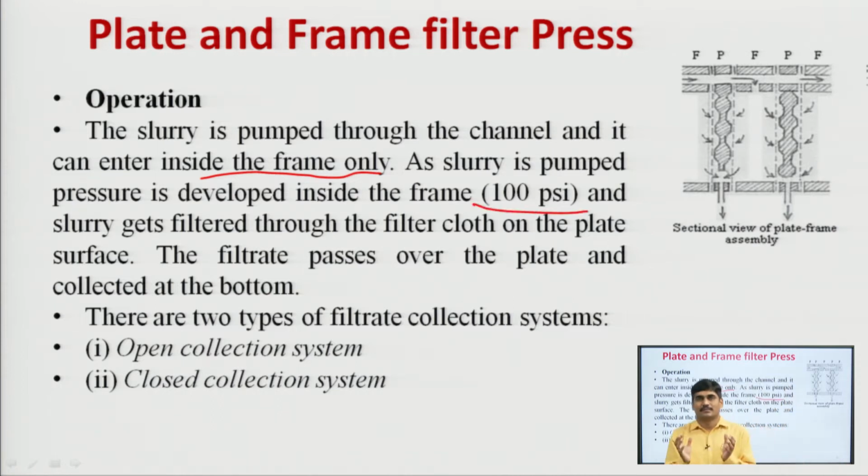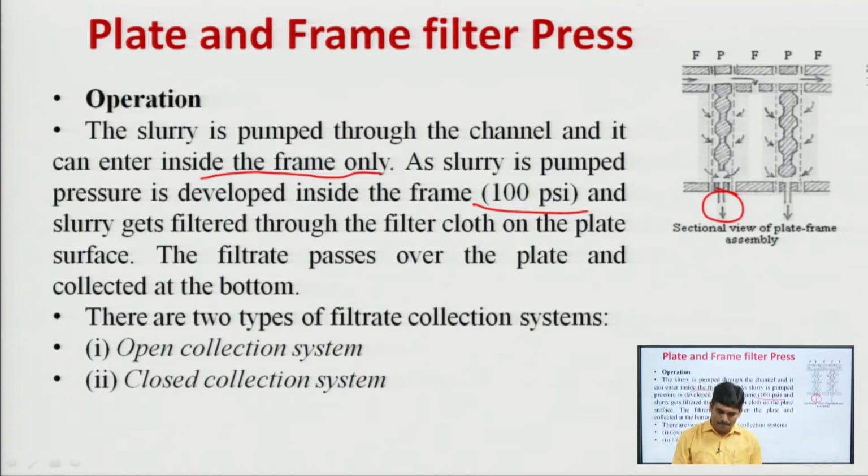Due to this, the slurry gets filtered with the help of the filter cloth present on the surface of the plate, and the solid particles and the liquid are separated. The filtrate passes over the plate and is collected from the outlet situated at the bottom of the plate.